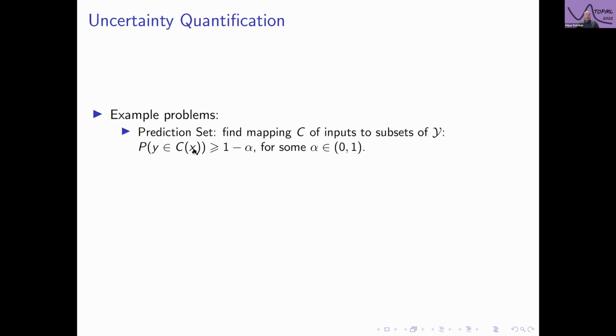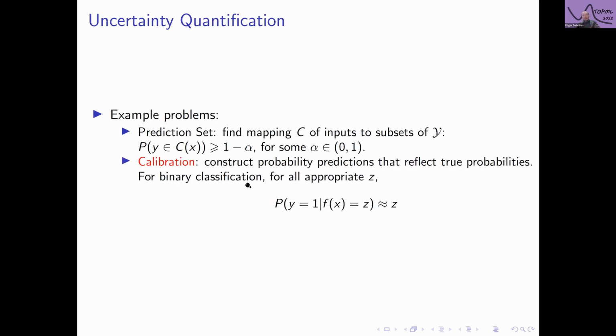Another problem which I will talk about here is that of calibration, which is slightly different, and it says I want to construct probability predictions that reflect the true empirical probabilities of the different classes. So let's consider a binary classification problem first.